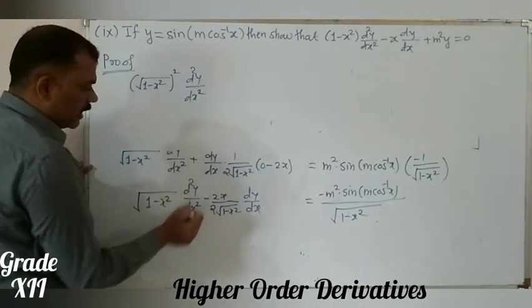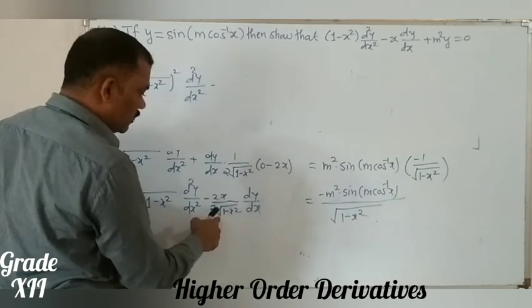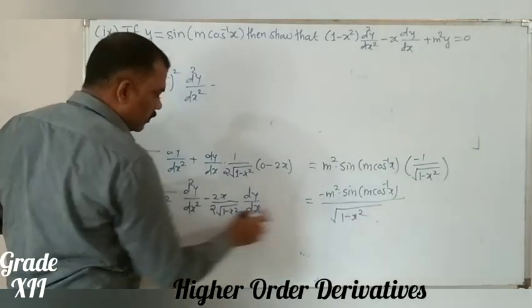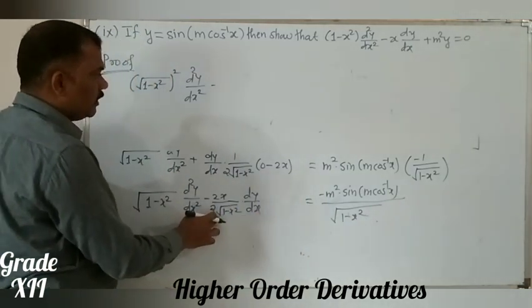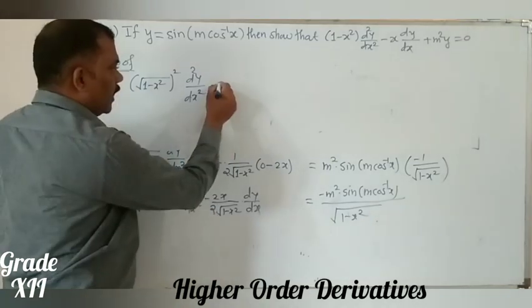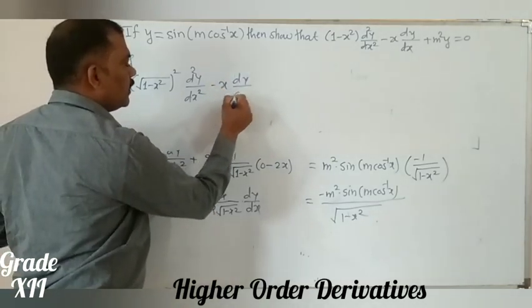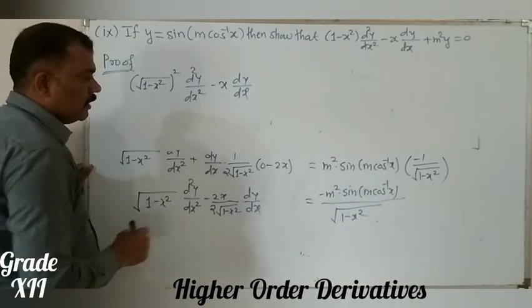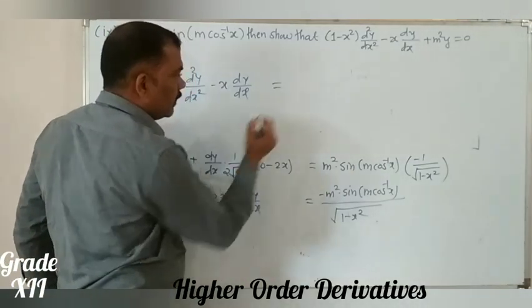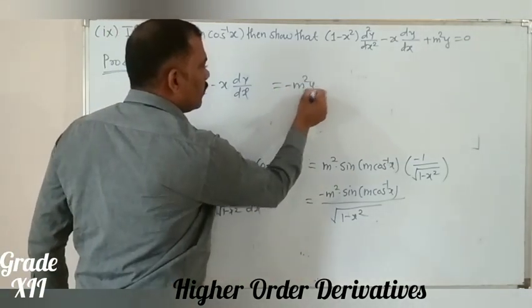This 2 gets cancelled, so that minus, also if you multiply the square root on this side, this square root also gets cancelled, so that we get minus x into dy by dx is equal to minus m square y.